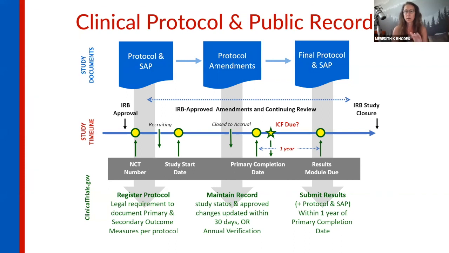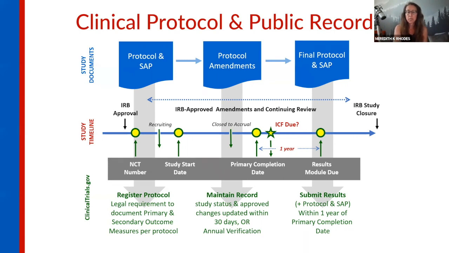This slide shows our study documents at the top with the protocol and statistical analysis plan, any protocol amendments, and then the final protocol and statistical analysis plan, and how that translates to the public record over time, over the study timeline. So we can register studies prior to or just after initial IRB approval.